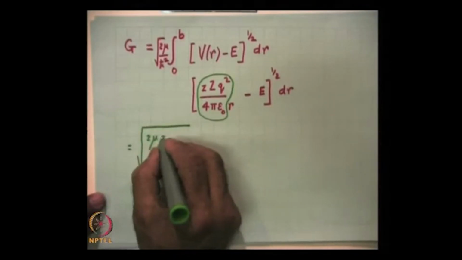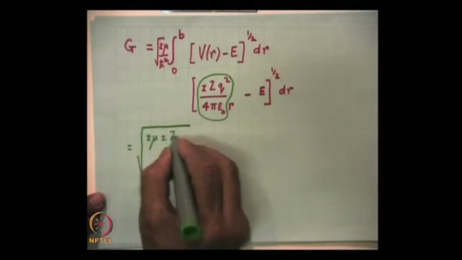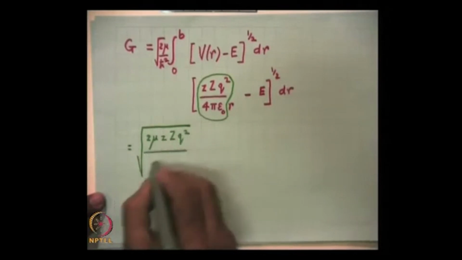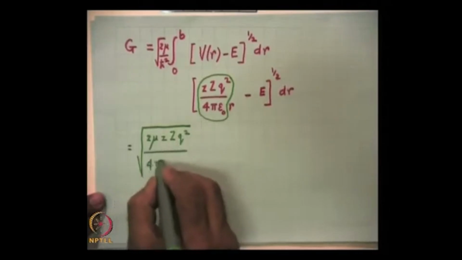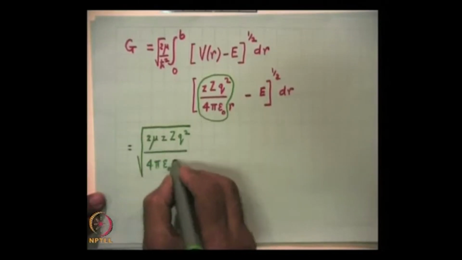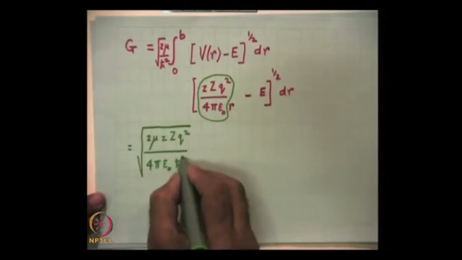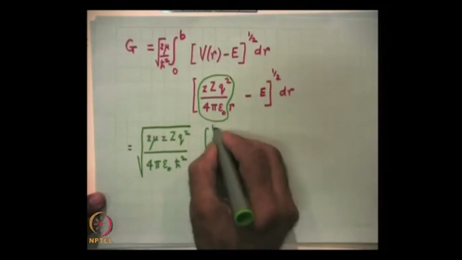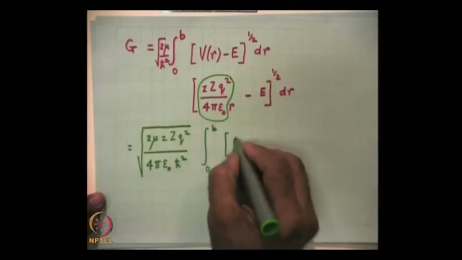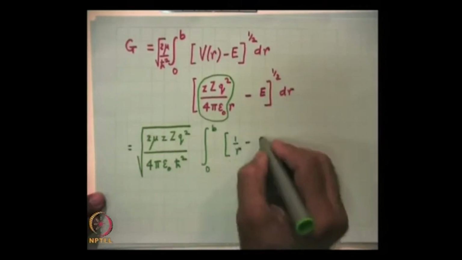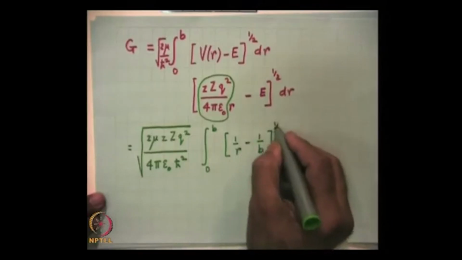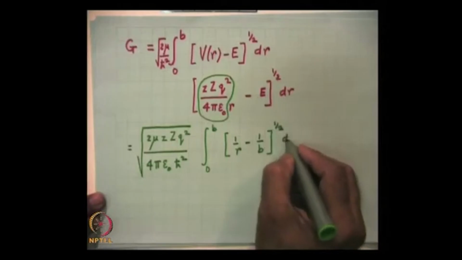You just have to be patient in all quantum mechanical calculations. This is 4 pi epsilon naught h cross square, integral from 0 to b of 1 over r minus 1 over b raised to the power of half dr.